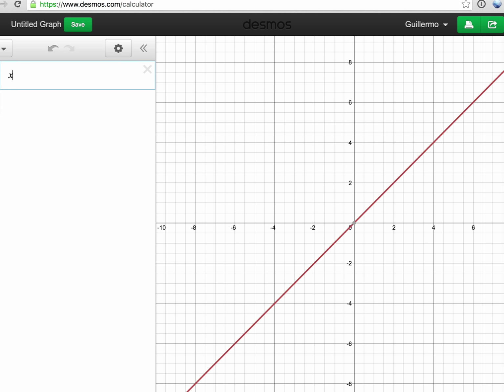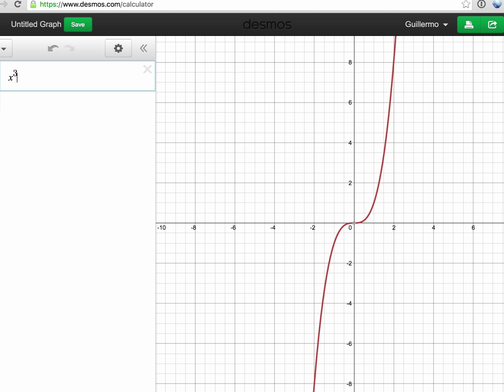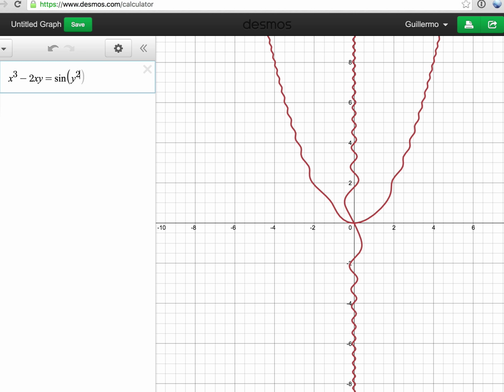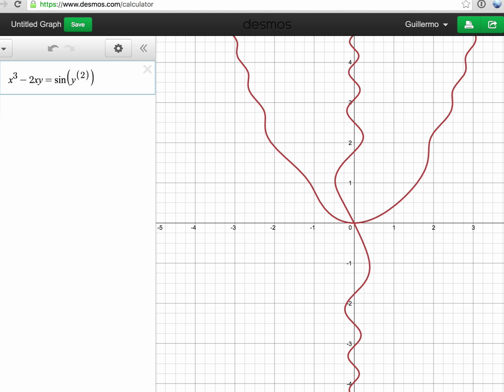But let's see what Desmos tells us. X cubed minus 2xy equals sine of y squared. Wowzers. So that's pretty crazy, right?